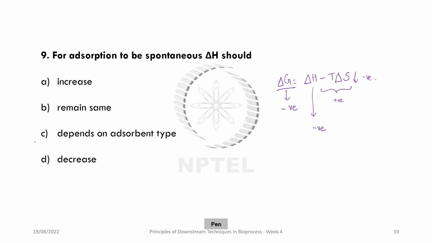Correct? So it does not increase, does not remain the same, because after a point it will become non-spontaneous and it cannot increase. The value might depend on the adsorbent type, but the trend should be to decrease, right?